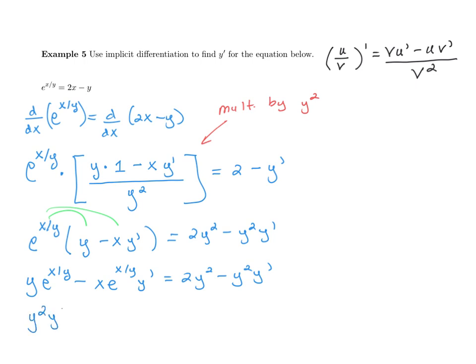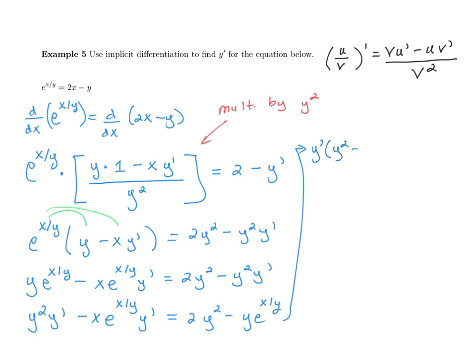Y squared y prime minus x e to the x over y y prime is 2y squared minus y e to the x over y. We're getting close. I can factor out the y prime on the left side. So we have y prime times y squared minus x e to the x over y.